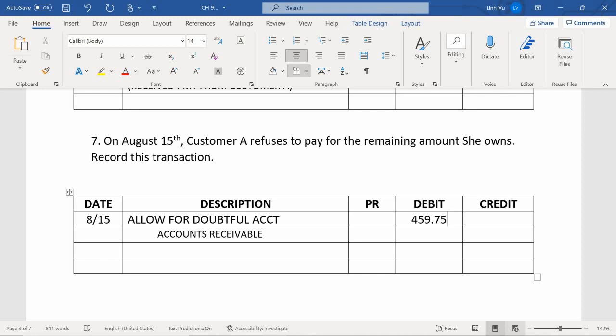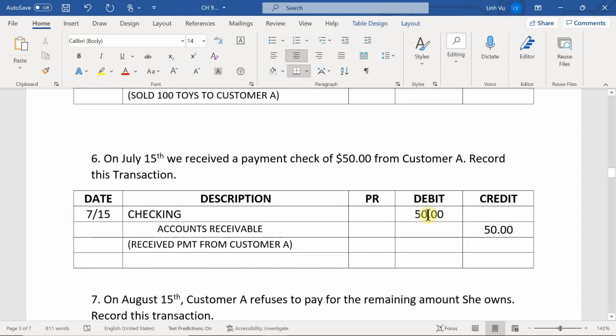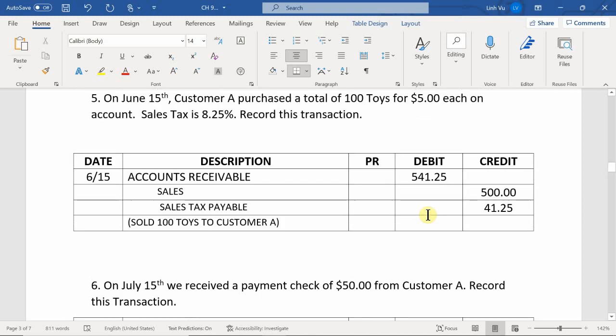So 491.25. How did you get that number? Because the total cost of the 100 toys that customer A bought was $541.25, and she only paid $50.